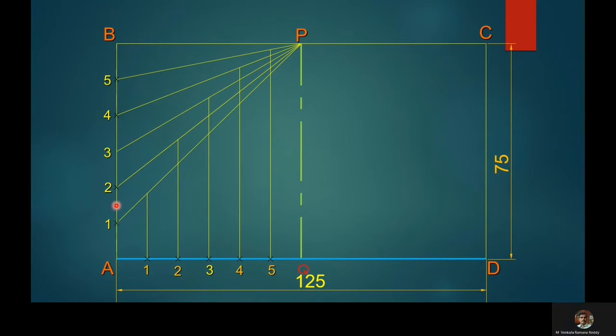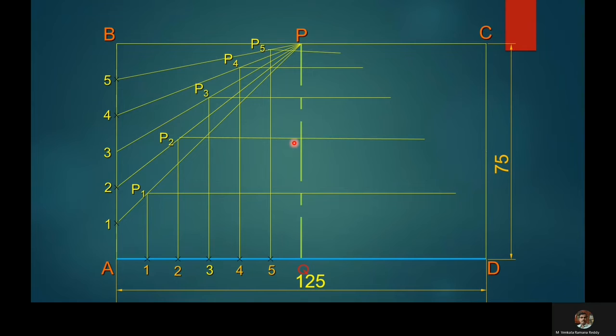After that, locate intersection points, say P1, P2, P3, P4, P5. After that, draw mirror images for P1, P2, P3, P4, P5 points. Say P1 dash, P2 dash, P3 dash, P4 dash, P5 dash.